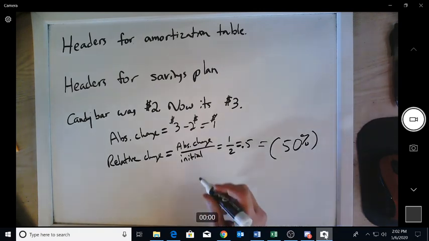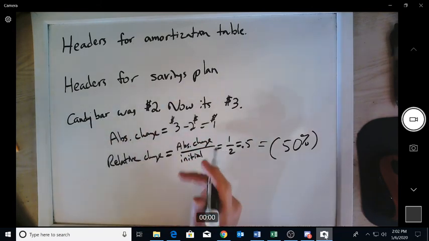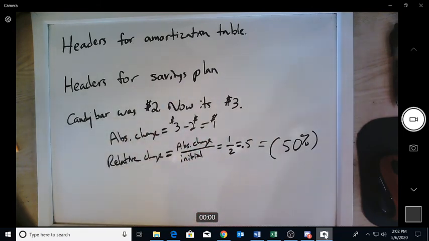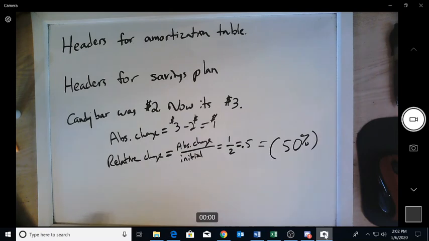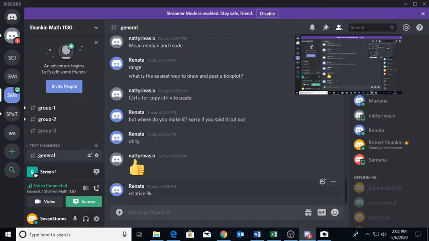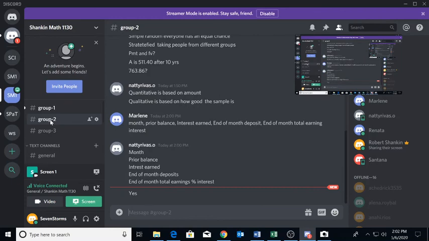Now, initial and final sometimes gets a little more complex, but if we can see what is the reference, often called the reference amount, and then the new amount.